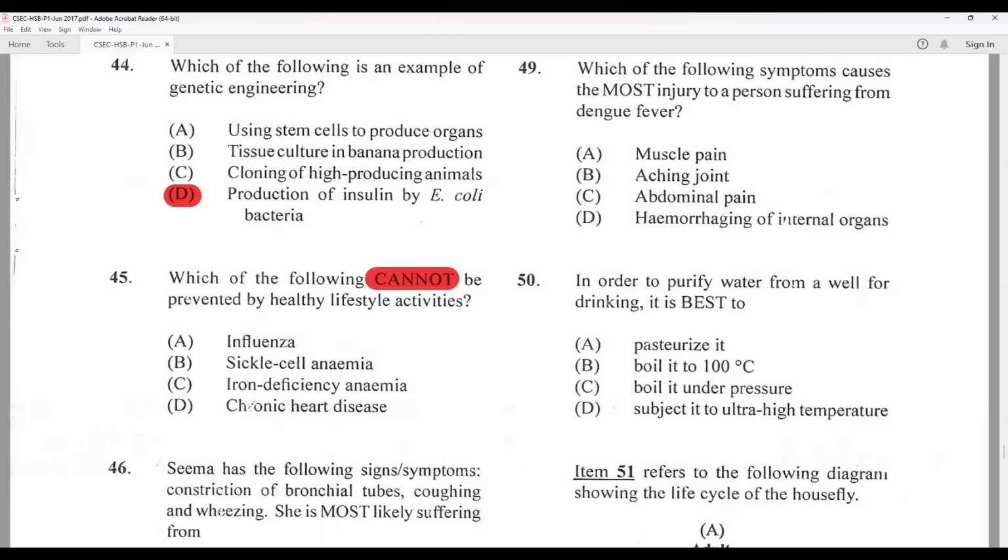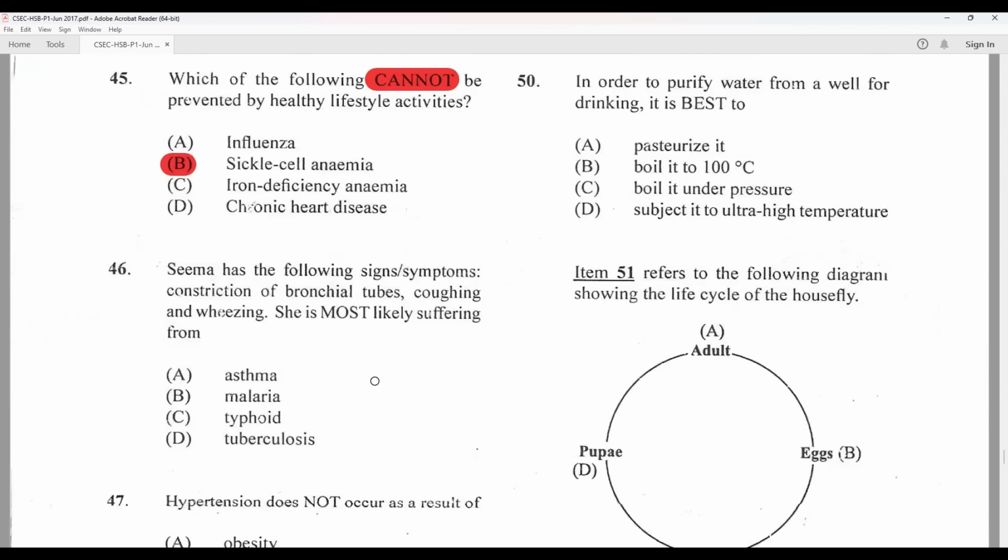Sickle cell anemia, that's a genetic disease. Iron deficiency anemia, that's a deficiency of iron. You could get iron from eating correctly, eating those dark green leafy vegetables. And chronic heart disease is like eating too much fast food, which makes it a lifestyle disease. So the answer for 45 is B.